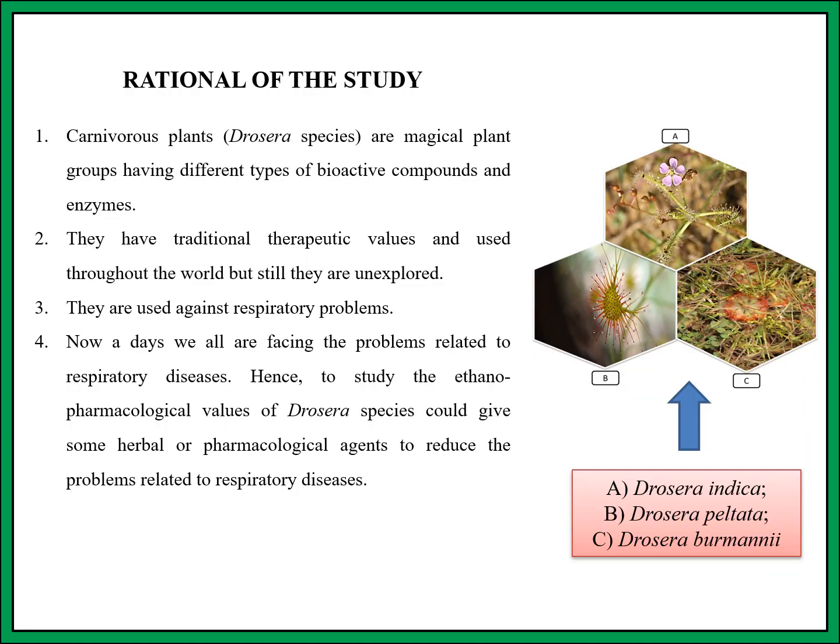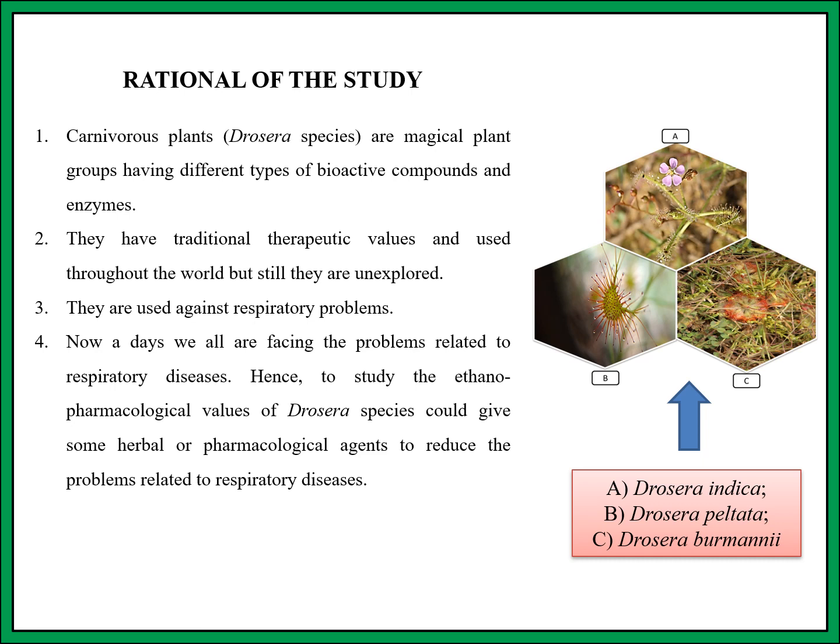Now, the rationale of the study. What is the background of the study? Why have you selected the topic? Like we have written, carnivorous plant Drosera species are a magical plant group having different types of bioactive compounds and enzymes. They have traditional therapeutic values and are used throughout the world, but still they are unexplored.